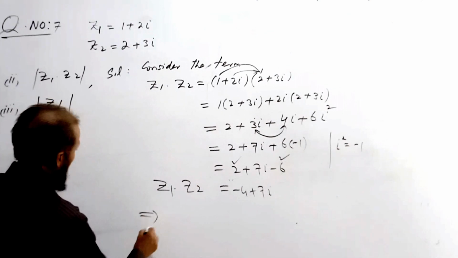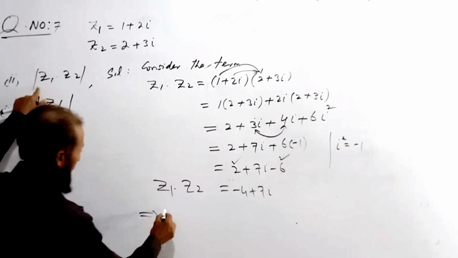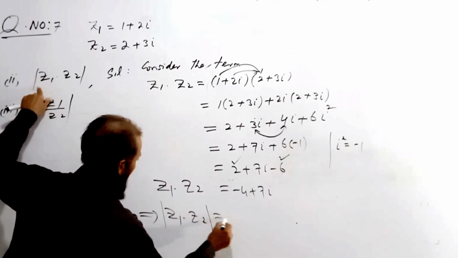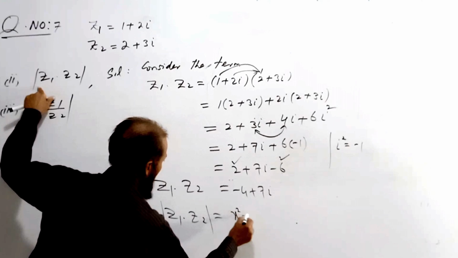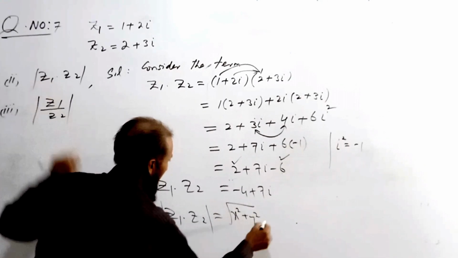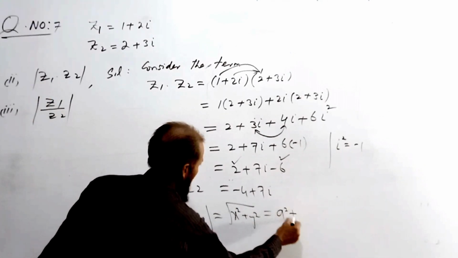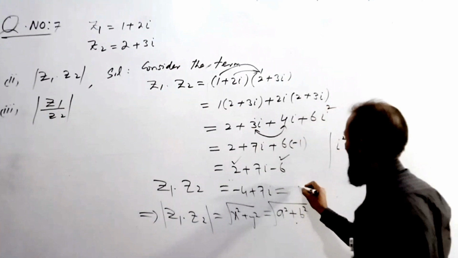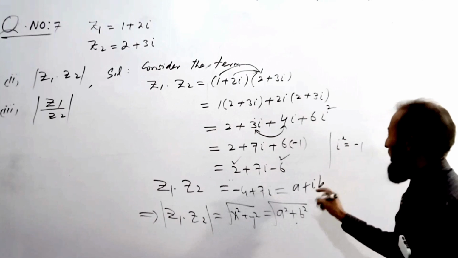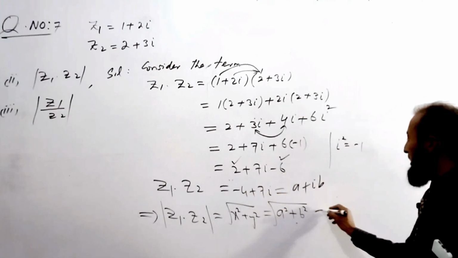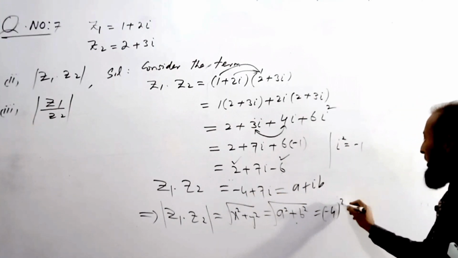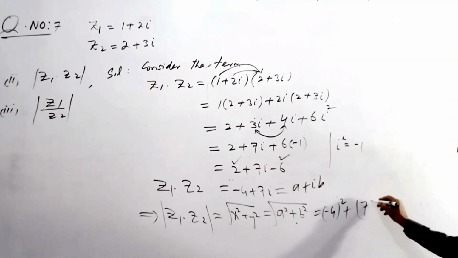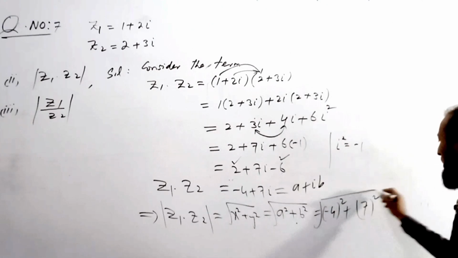Now we are coming to the modulus of Z1 dot Z2. The modulus according to the formula is the square root of x square plus y square, or we can say a square plus b square. Now the form is a plus iota b. Here a is equal to minus 4, a square, plus b is equal to 7, whole square root.